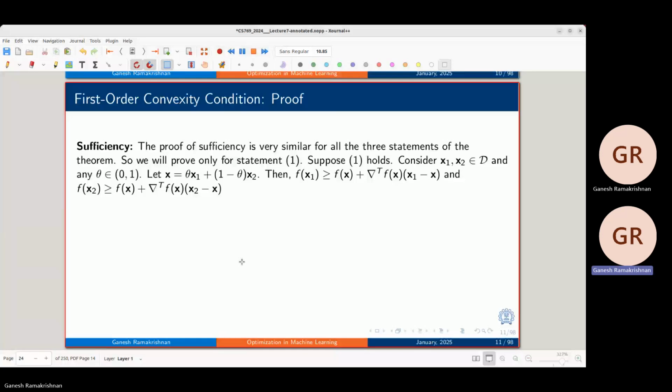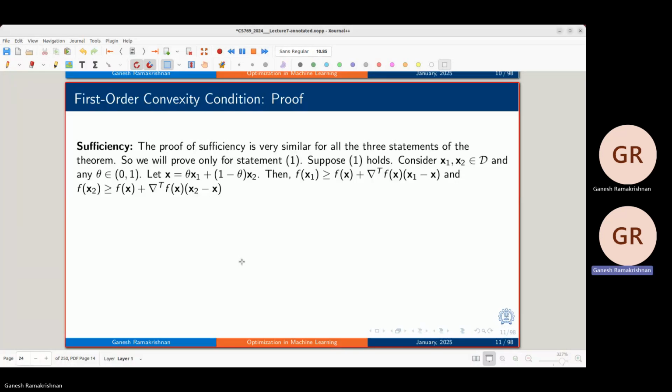So I have actually used x1, x2 here, but that's okay. So if you take two instantiations of this, with y replaced in one place with x1 and another similar inequality with x2. So this y is x1 in one case and x2 in the other, and then there's a point x.